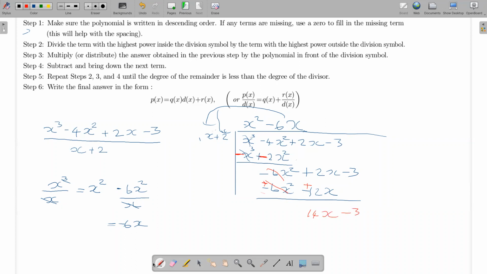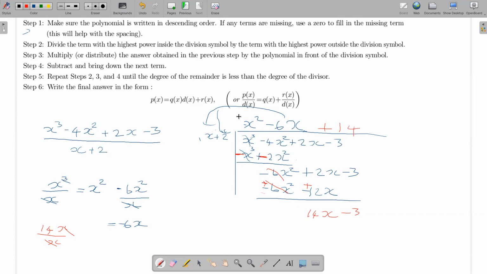See. Now I do this one, 14x, again the highest term, no? I take the highest term and divide by this x. This cancels out, I get 14.